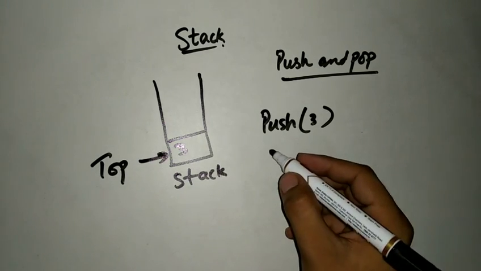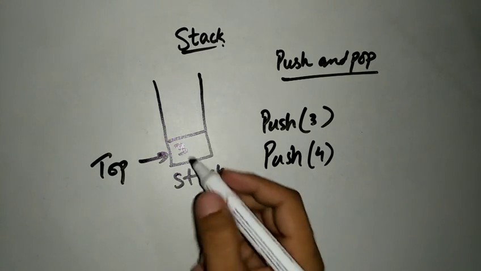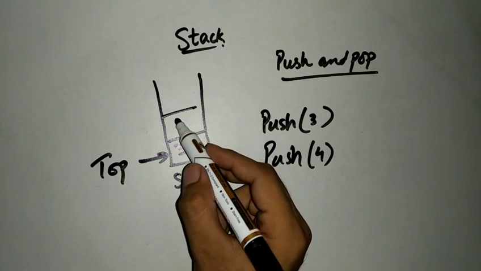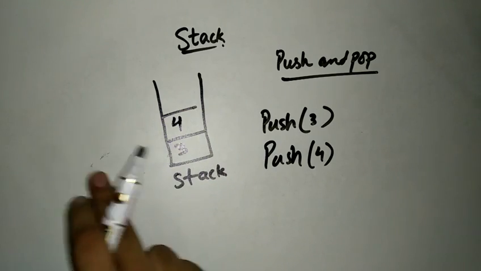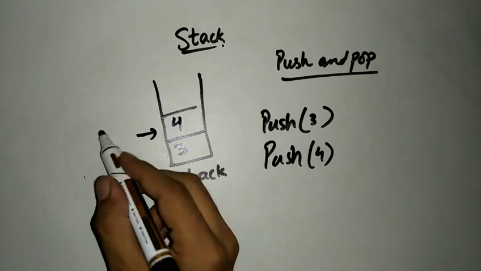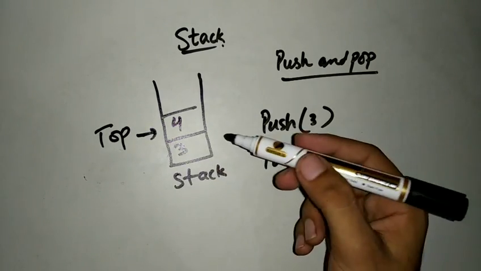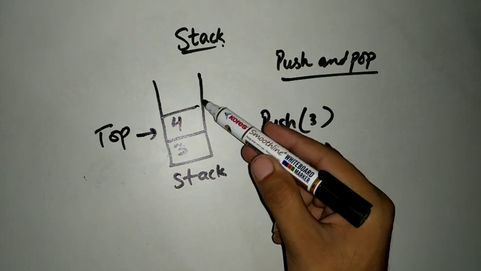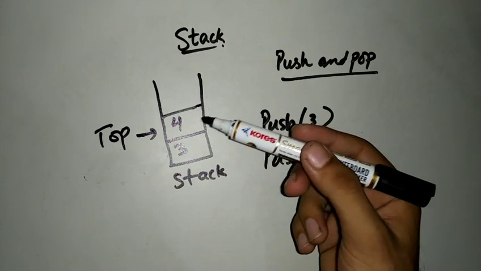If we insert 4, that is push 4, now the top becomes 4. Because whatever element is inserted, it is inserted at the top, so the top becomes that element.